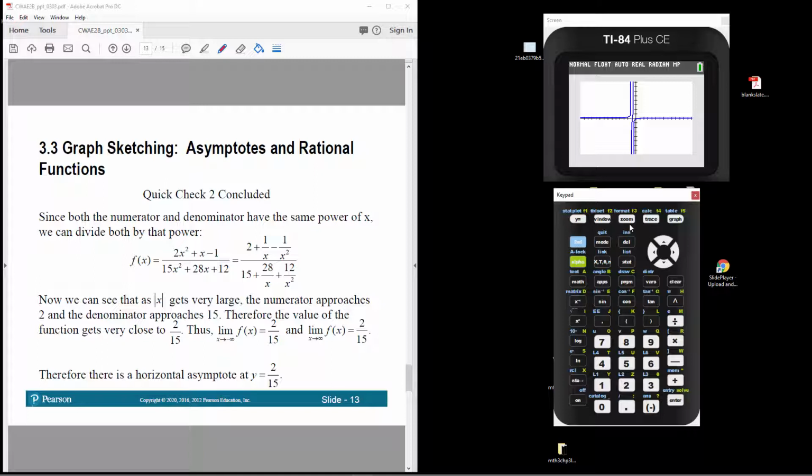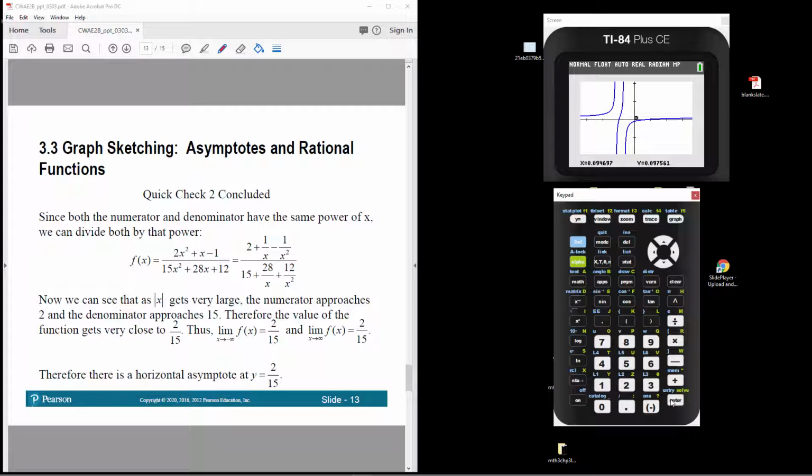So let's zoom in. You can see right there it doesn't cross that line.